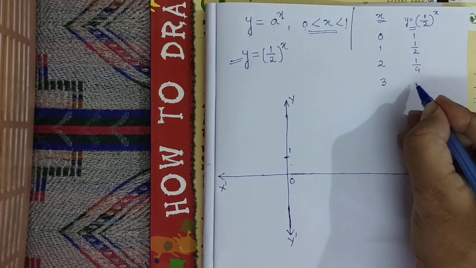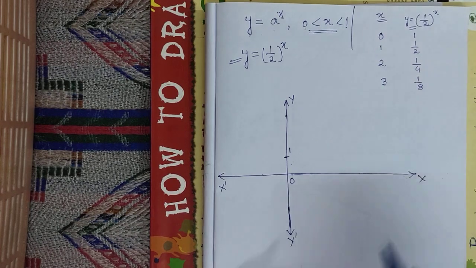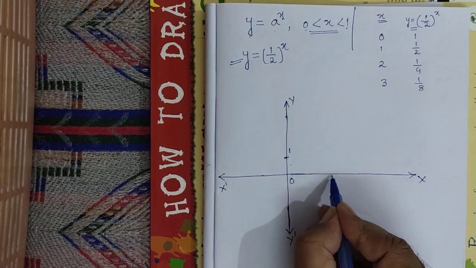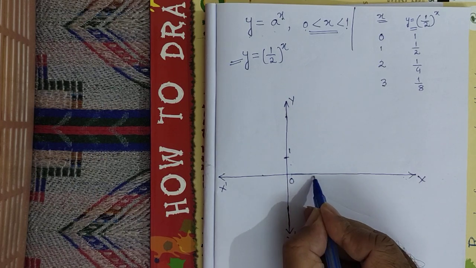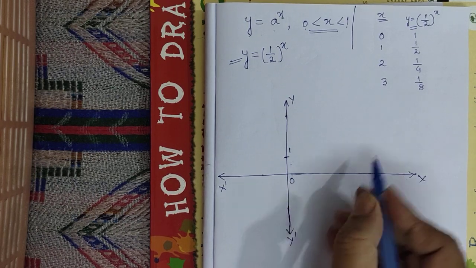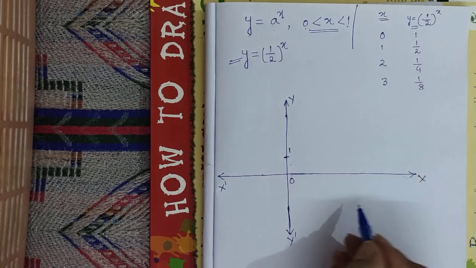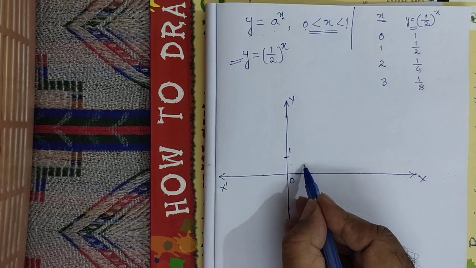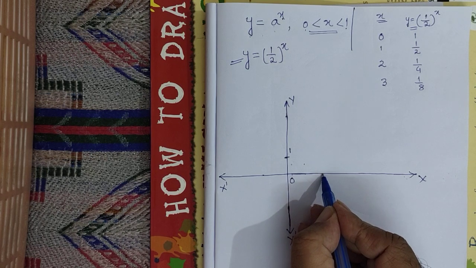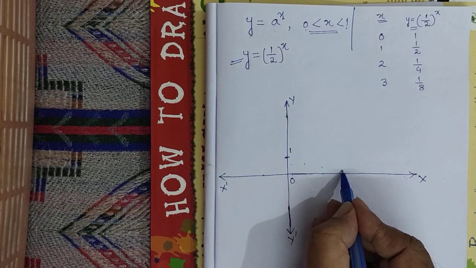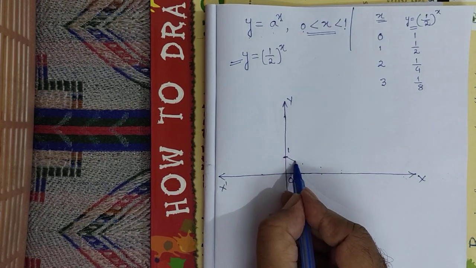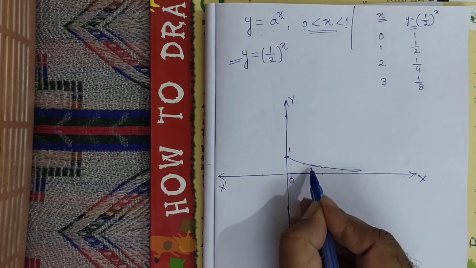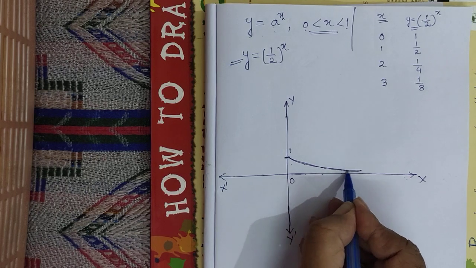I take 3, it would be 1 by 8. The moment you move along the positive direction of the x-axis, the value of the y coordinate decreases and approaches the x-axis. See here, when it is 1, it is 1 by 2. When it is 2, it is 1 by 4. When it is 3, it is 1 by 8. The graphical trend follows something like this. It would approach the x-axis, however, it will never touch the x-axis.